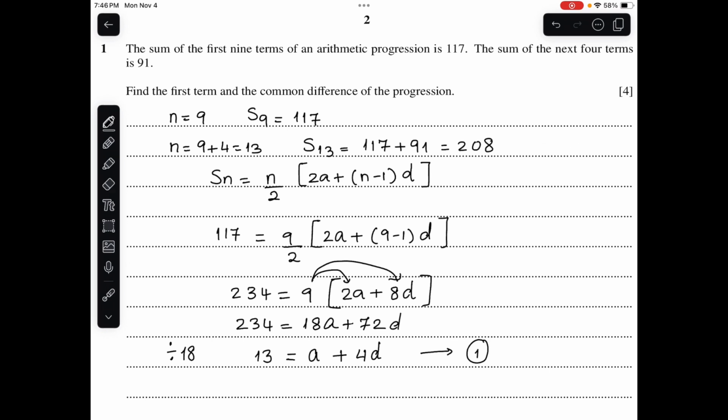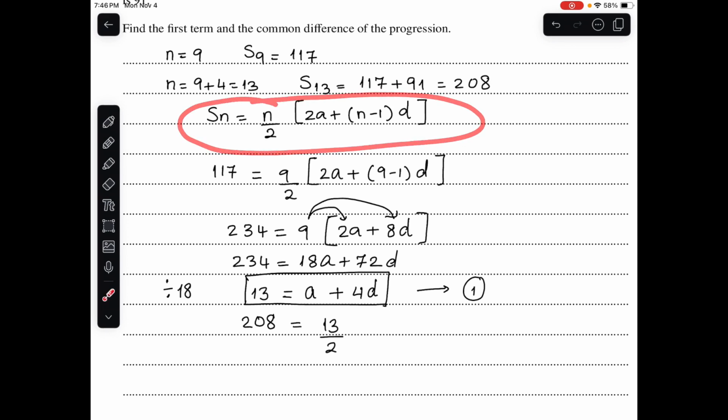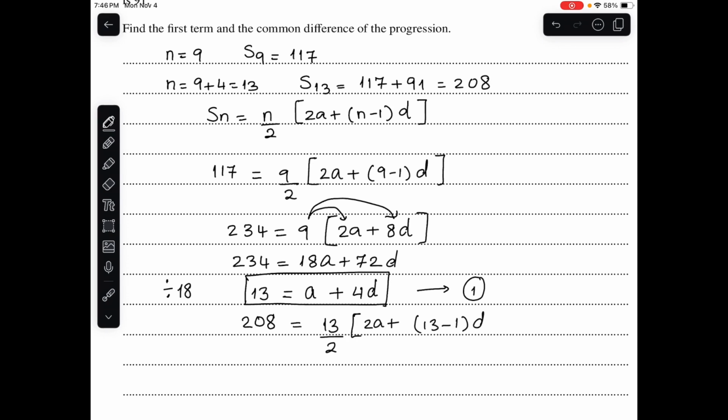And let us set up the next equation using n as 13 and sum as 208. So 208 equal to n, which is 13, divided by 2. I'm just substituting the values in this equation. 2a plus (13 minus 1) times d.